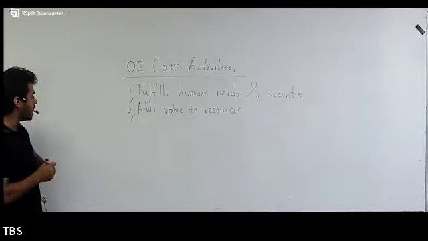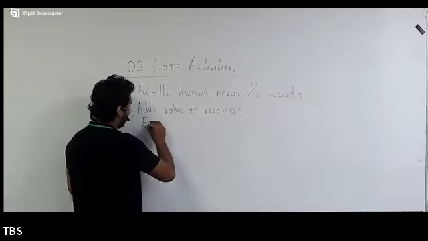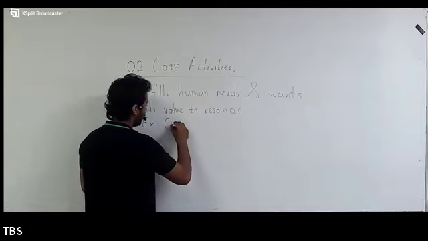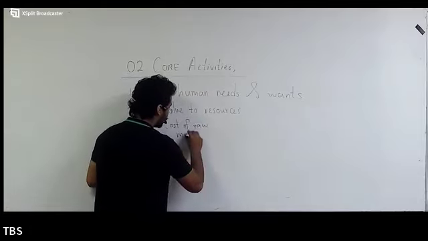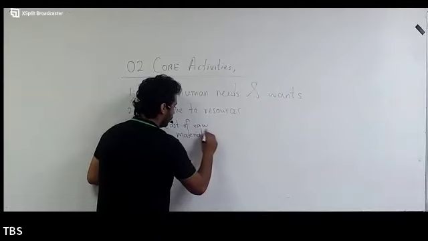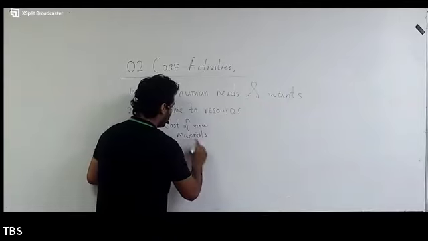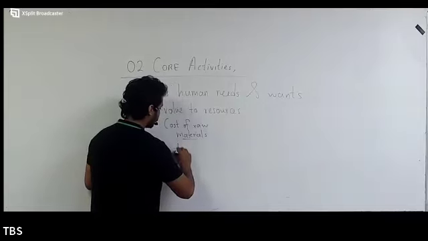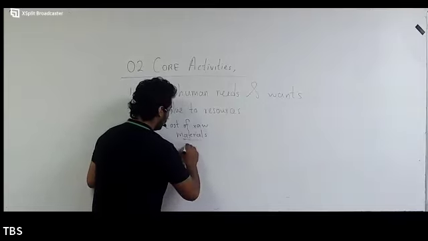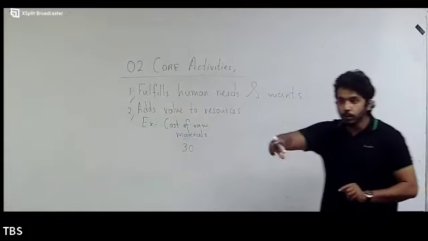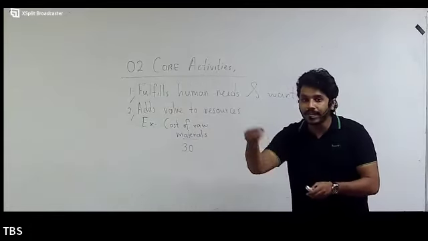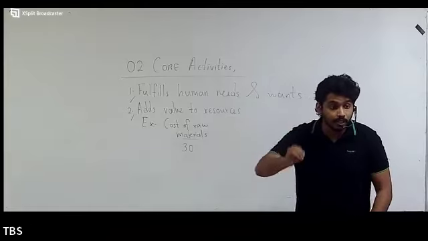Right? Let me show it to you through numbers as well. Example. Cost of raw materials, let's say, 30. Cost of raw materials is 30. Now, they use that raw material and they manufacture a product. What do they manufacture? Product.